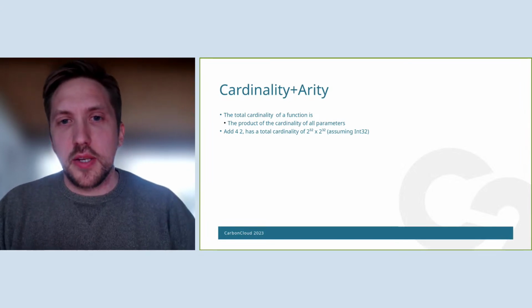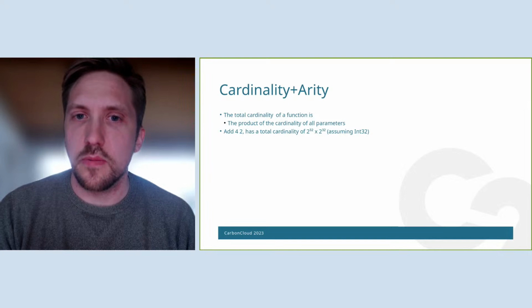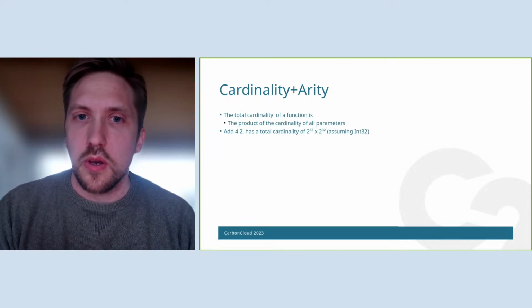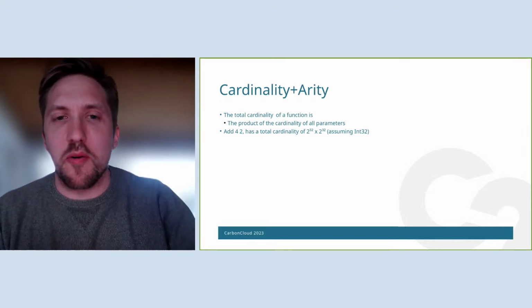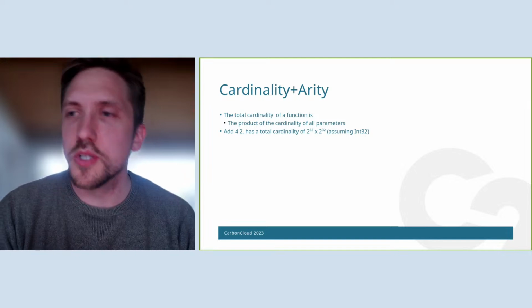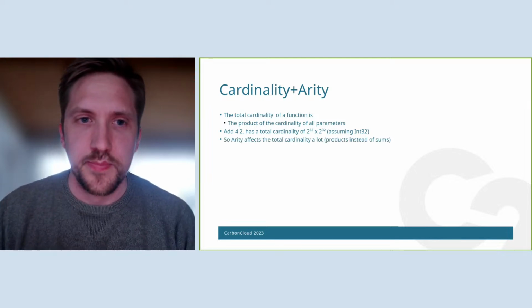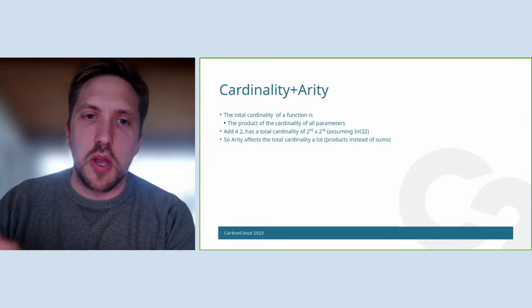If we have add, assuming 32-bit integers, we have 2 to the power of 32 times 2 to the power of 32, which is pretty large. So the arity affects the total cardinality a lot.